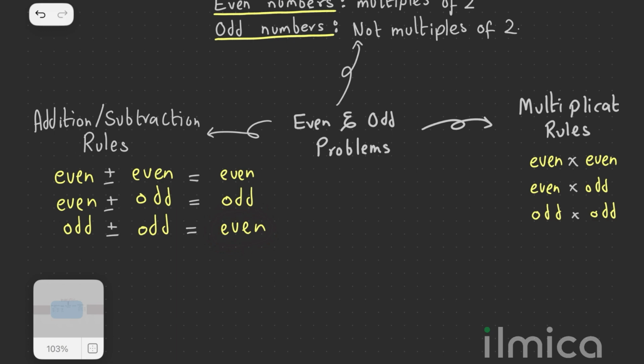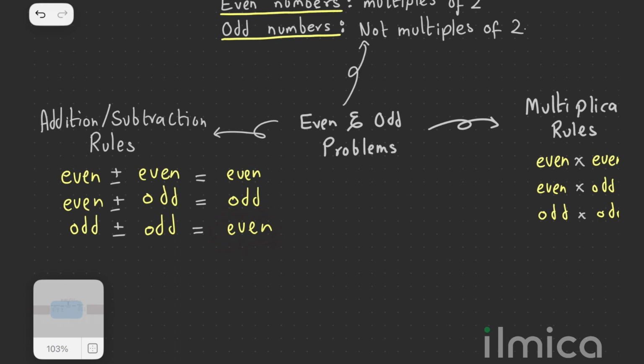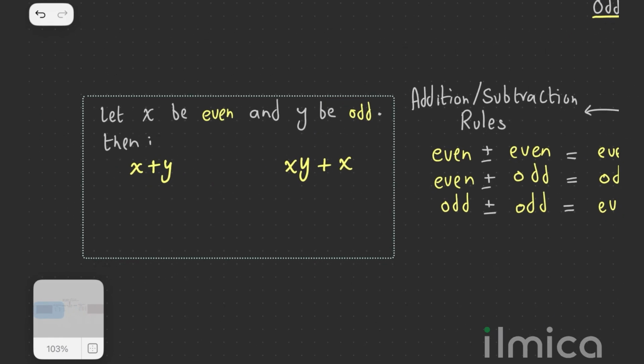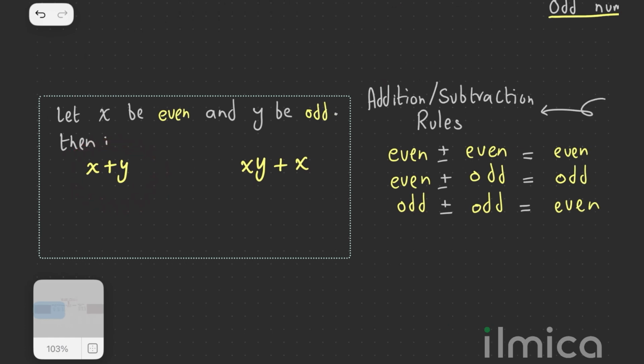Now let's see what a problem related to these rules will look like. So let x be an even number and y be an odd number, just like the example we did before. Now x plus y, what is that going to be? Is that going to be even or odd? Well, let us use the rules to reason about this.